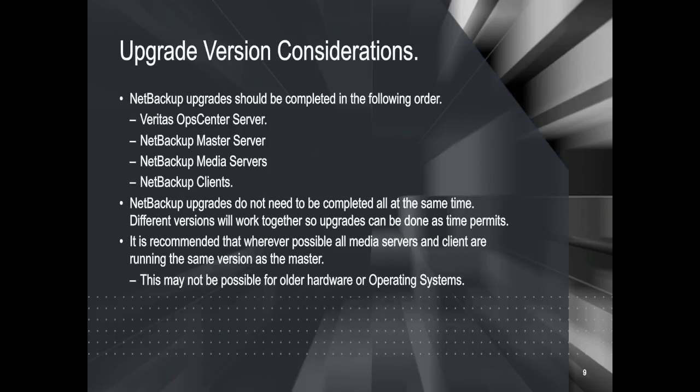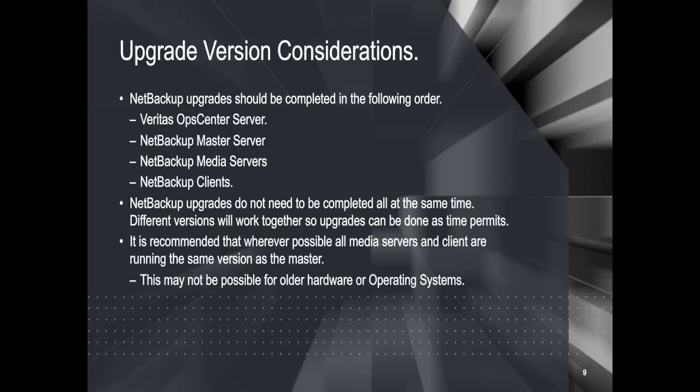You can go through them as long as you maintain this order of Op Center, Master Server, Media Server, and Client. It is recommended that you do eventually get to the same version as your master with your media server and your client. This is going to provide you all the enhancements with the new features, as well as making sure that you stay within a supported configuration, and just make sure you have the latest patches and fixes on there.